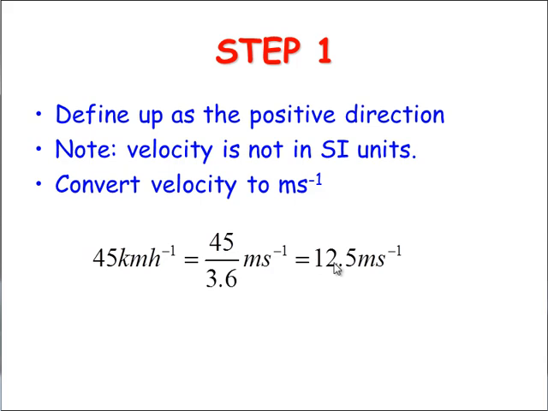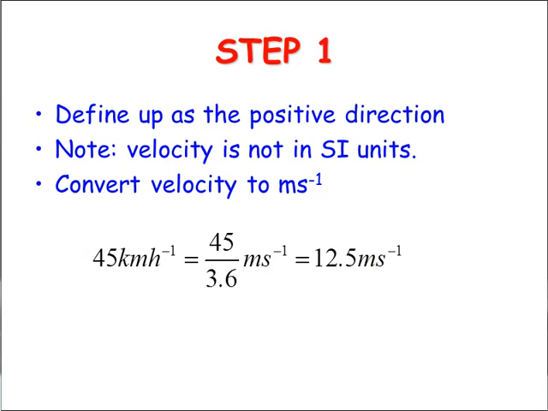So 45 over 3.6 is 12.5 meters per second. If you want to go from meters per second to kilometers per hour, we just need to multiply by 3.6. Ask me in class if you're not sure how to do this or where the 3.6 comes from, and we can go through that quickly.